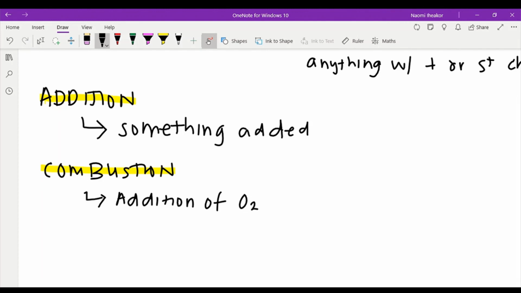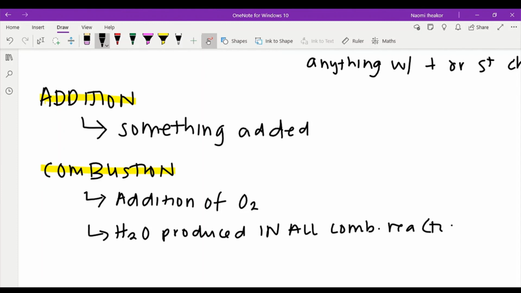Our combustion reactions are a type of oxidation reaction. Now, when we look at combustion reactions, we can look at complete and incomplete combustion, especially when we talk about the combustion of hydrocarbons. In all combustion reactions, H2O is produced. And remember, this is in all combustion reactions.